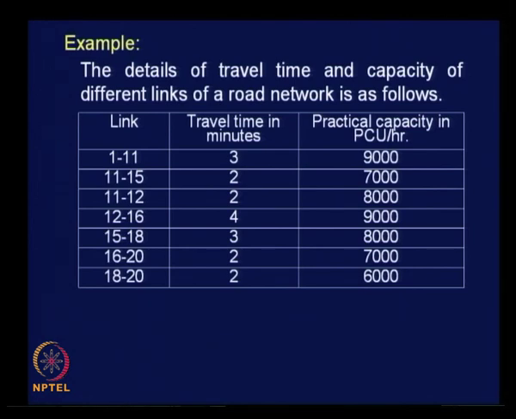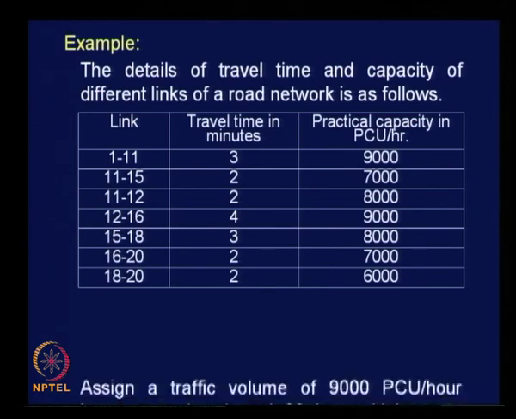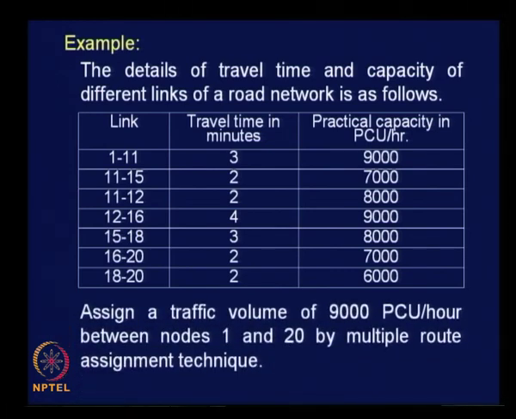So, you can see node numbers used to designate the links, and the question is this: assign a traffic volume of 9000 PCU per hour between nodes 1 and 20 by multiple route assignment technique. We have to assign a traffic of 9000 PCU per hour for movement from node 1 to node 20, right.